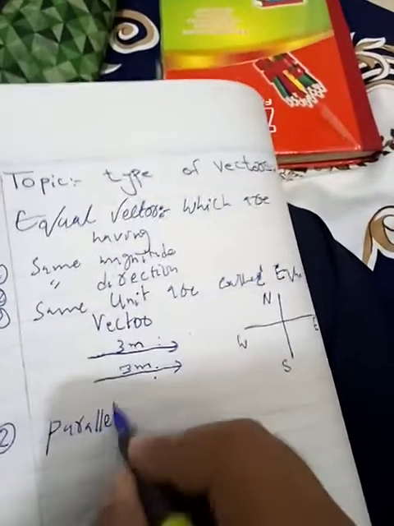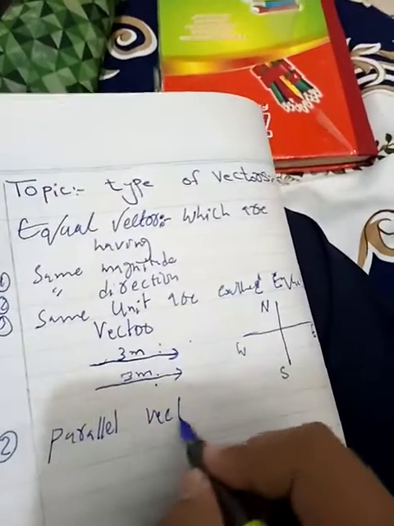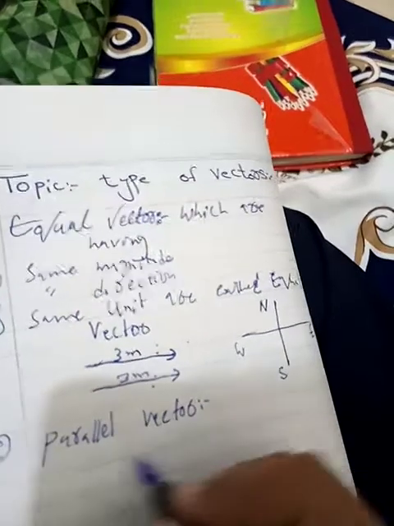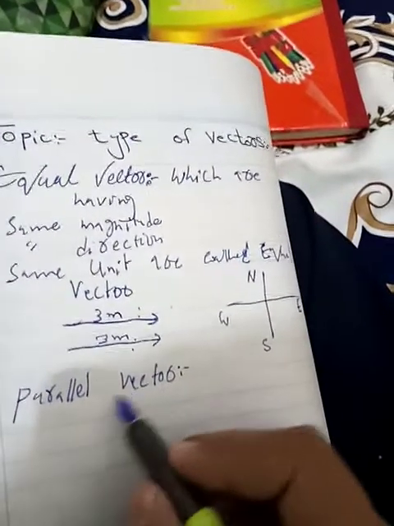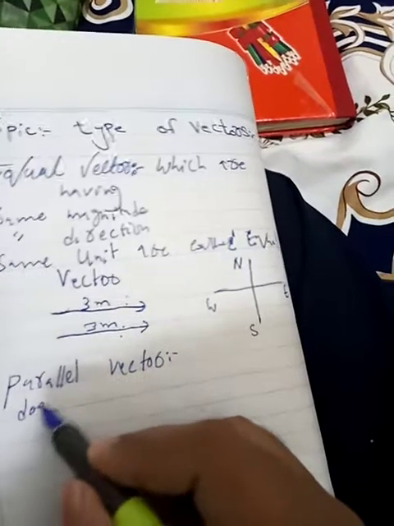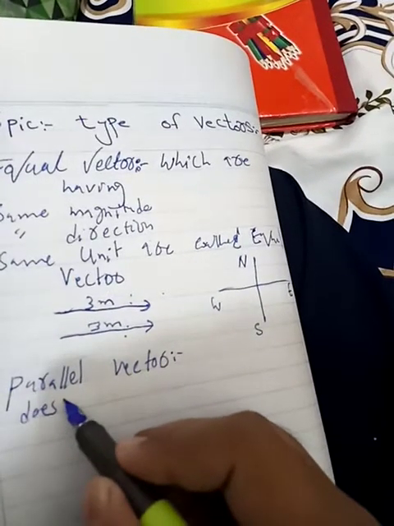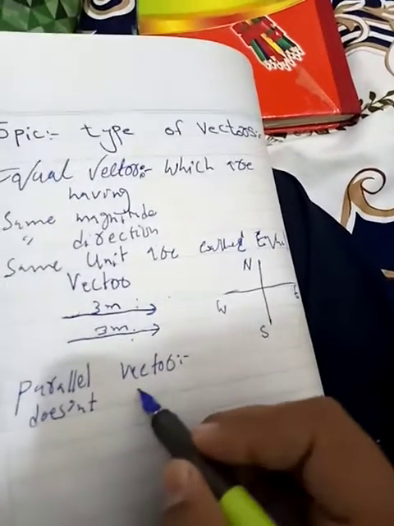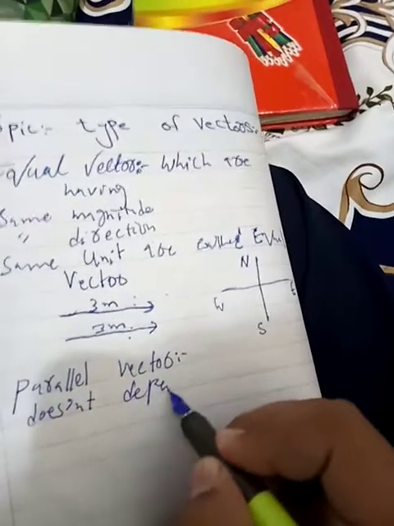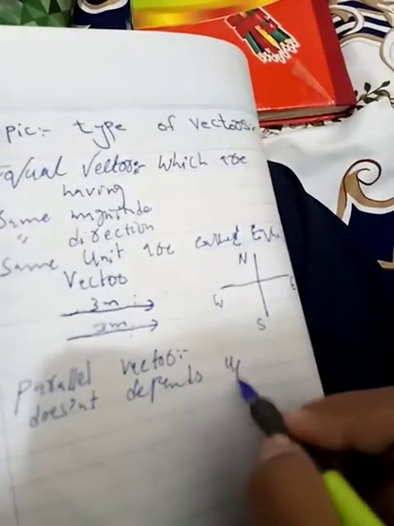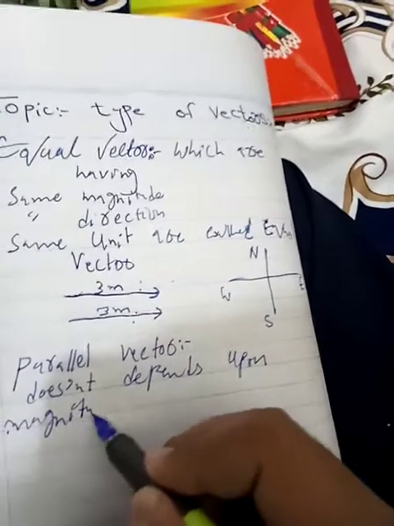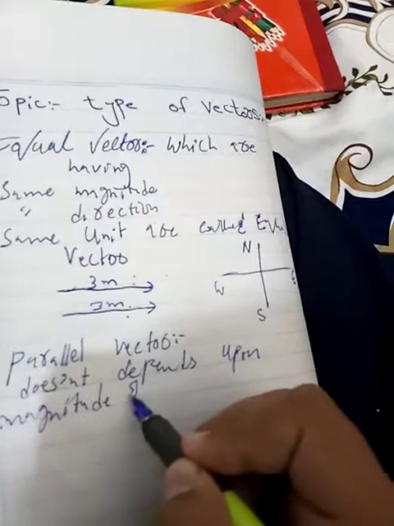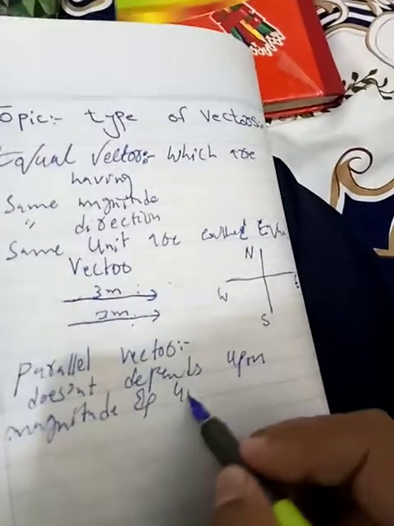Parallel vector. In this type of vector, it does not depend upon magnitude and unit.